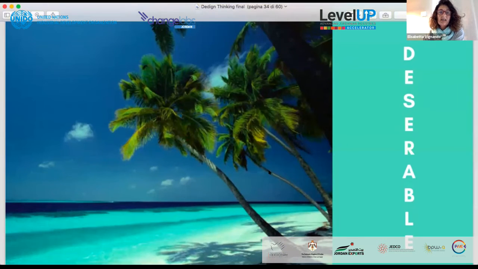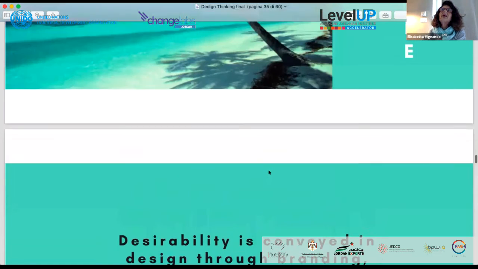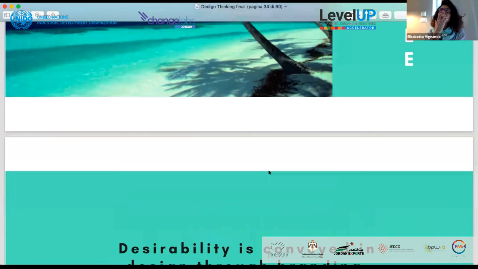Then it has to be desirable. So this is the other one, a desirable product. Apple is an example. I think they are the big one, the most.